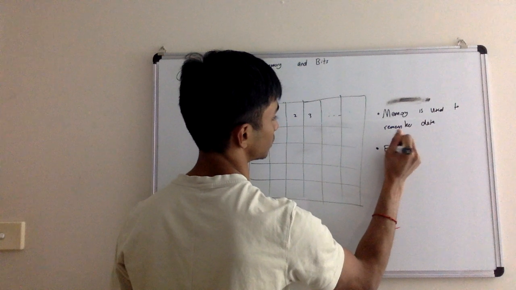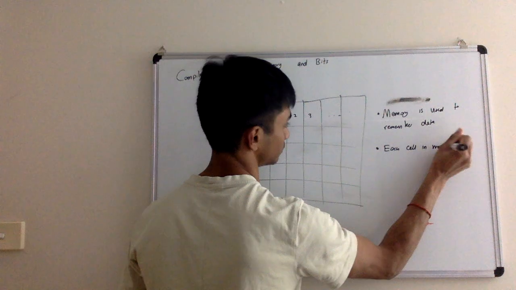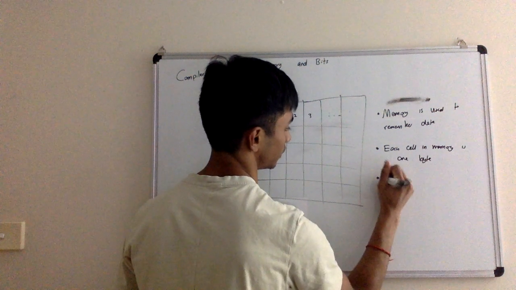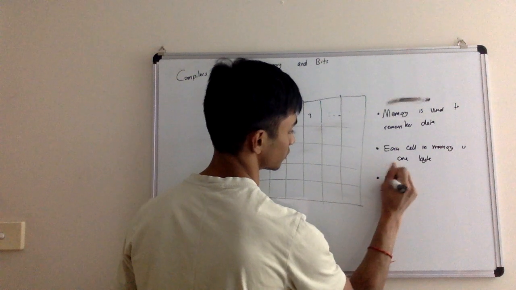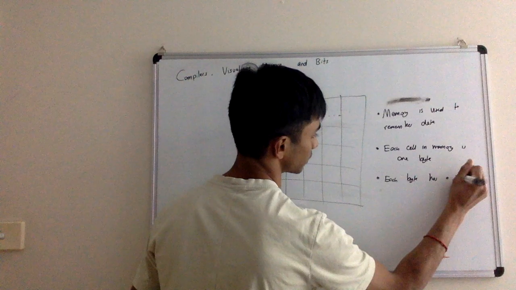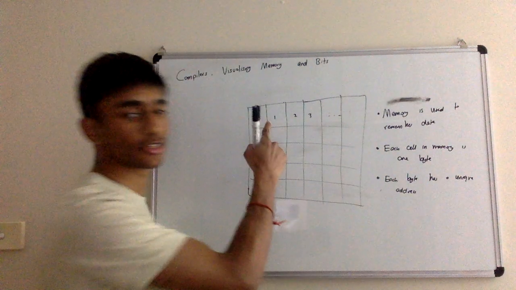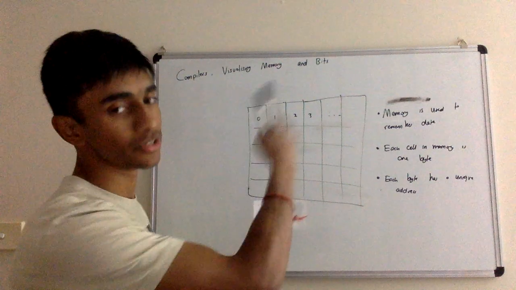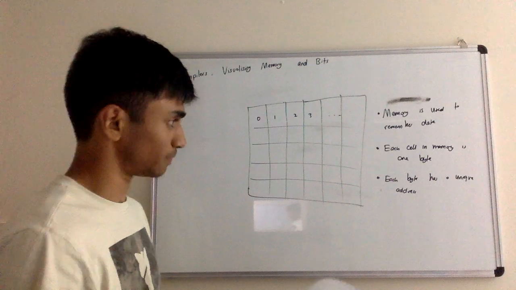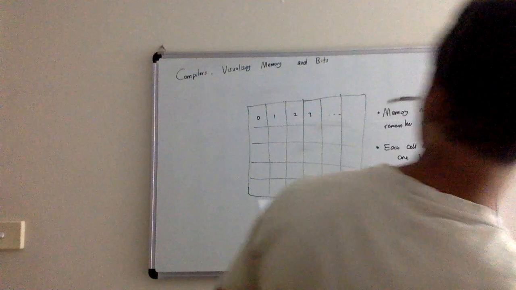Each cell in memory is 1 byte, and each byte has a unique address. In reality, the addresses look a bit more complicated than 0, 1, 2, and so on, but to be honest, conceptually speaking, they are just numbers. Alright, that's pretty much it for the second part.